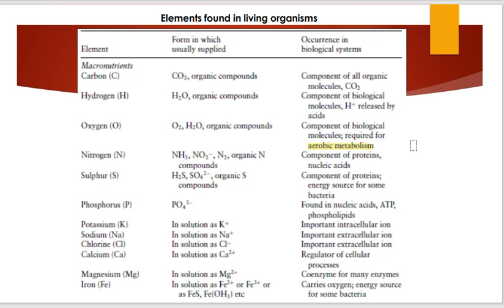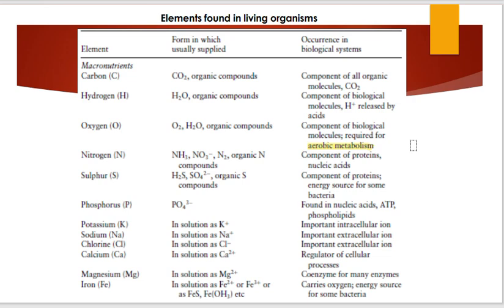Okay, so apart from carbon, hydrogen, and oxygen being discussed earlier, we also have other elements such as nitrogen, which is a major component of your proteins as well as nucleic acids. And then we also have sulfur, which is again another component of proteins, as well as an energy source for some bacteria.